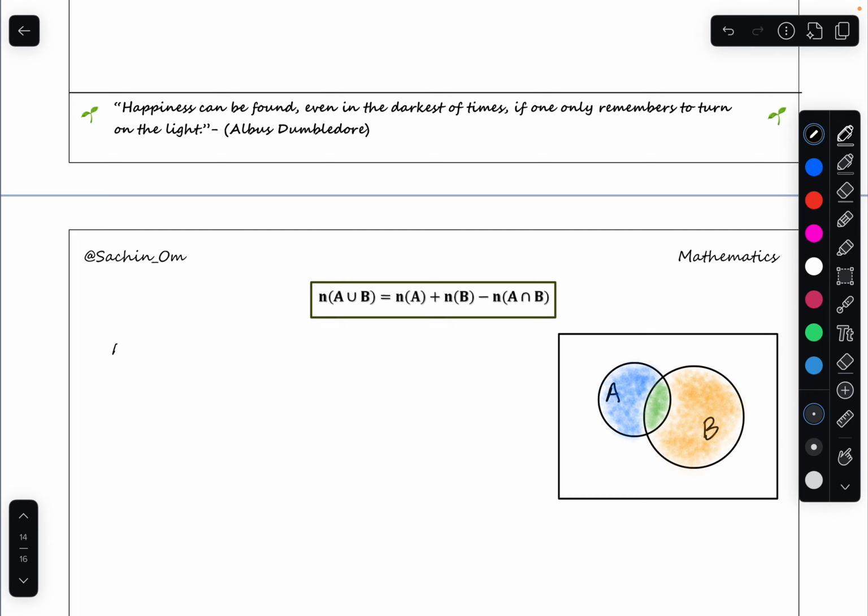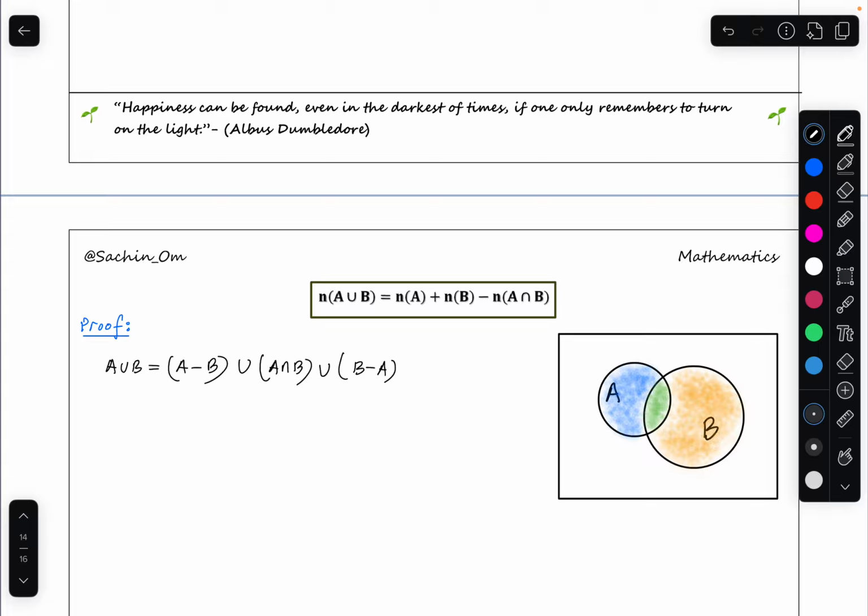So A union B can be written as the region comprising A minus B, which is the region in blue, plus the intersection of A and B. And the third region is this yellowish region, which is denoting B minus A. So this is what I'm observing.